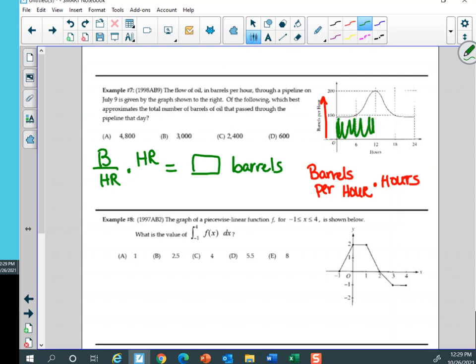It's a question that's asking us to estimate that particular area. We don't have a name for this function, but if we did, we could say we're going to do the 0 to 24 integral of f of x dx if f of x was the barrels per hour function.